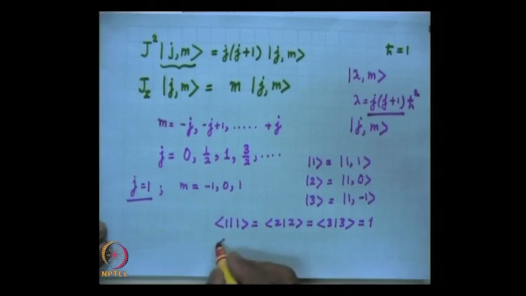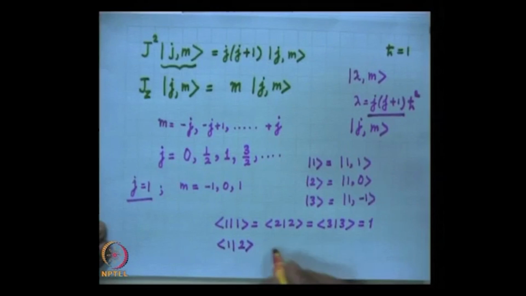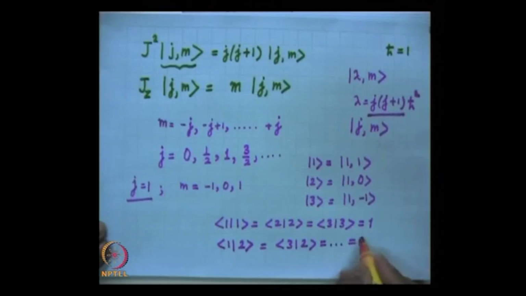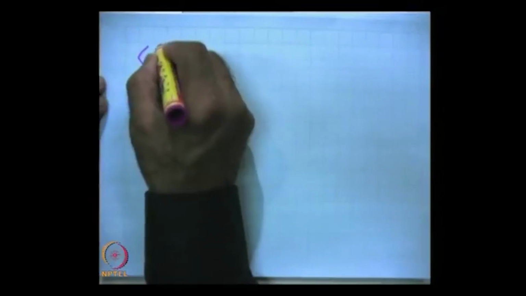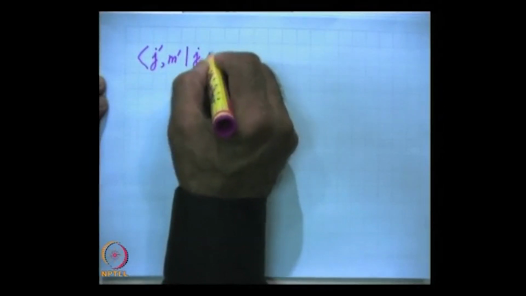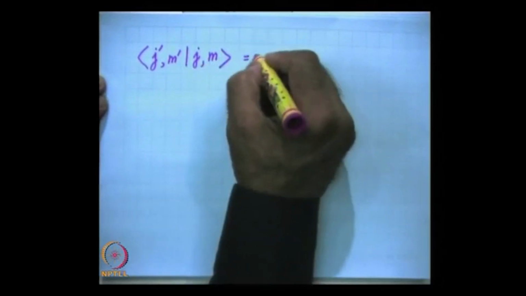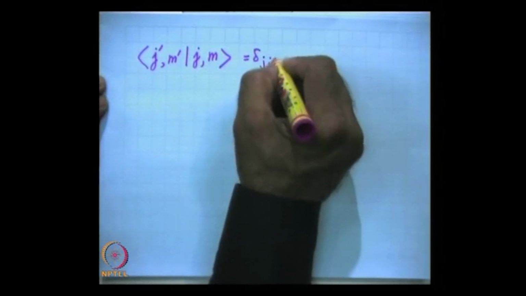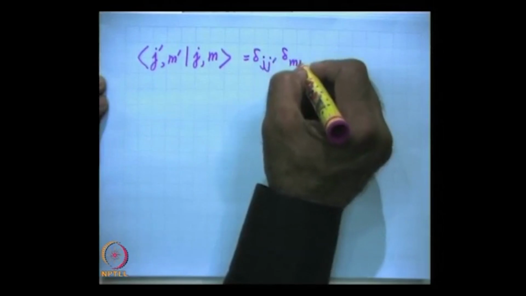On the other hand, any dot product of two different vectors, like 1 2 or 3 2, they are all 0. So, therefore, we have the orthonormality relation that bra j prime m prime, j comma m ket is equal to delta j j prime delta m m prime.